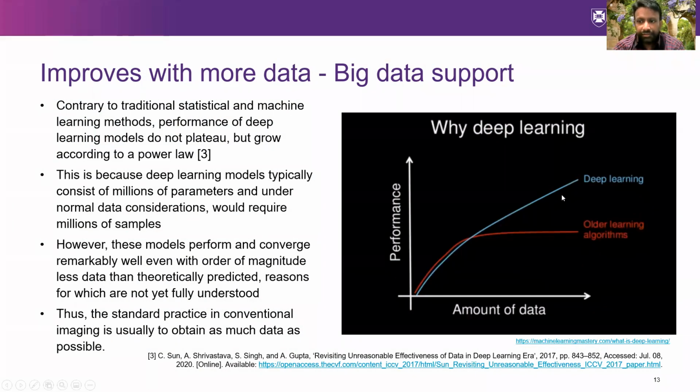Recent work has shown that in deep learning, the "deep" relates to the more neurons and the more layers of neurons you have, the better it seems to perform. Basically, the more data you throw at it, the better it gets, which is a remarkable thing and really important in this day and age because we have so much data now.